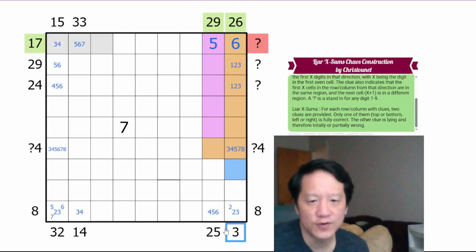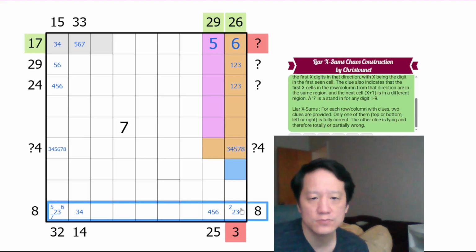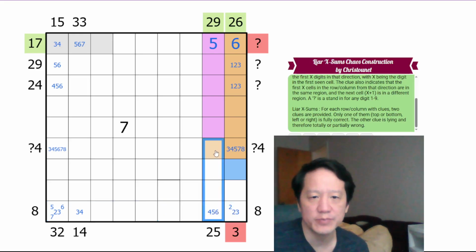This is false, obviously, in that case. This cannot be the same region. Okay, well, we already know that's false, too. This could be the same region.